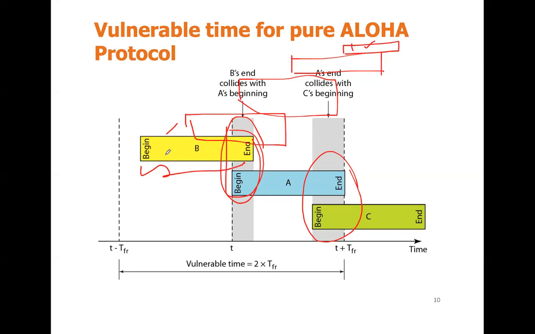When a frame moves over another frame, from here till here, it covers around one frame time, that is T_FR, and when it moves out of it, until it goes completely out, there will be collision. So totally we have twice the frame time. That is the vulnerable time for pure Aloha.